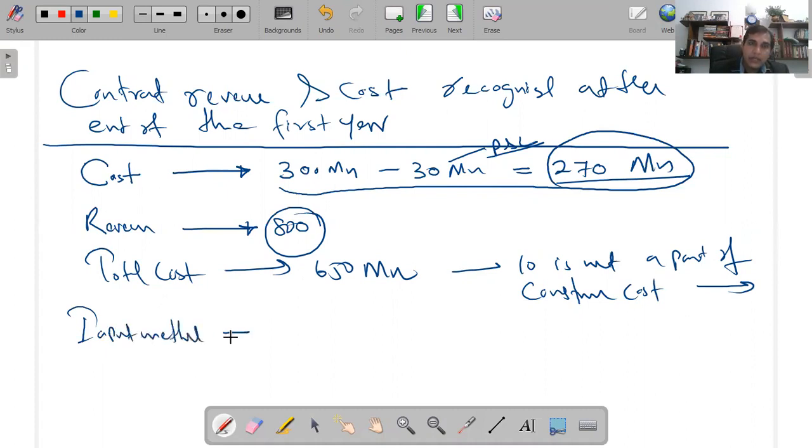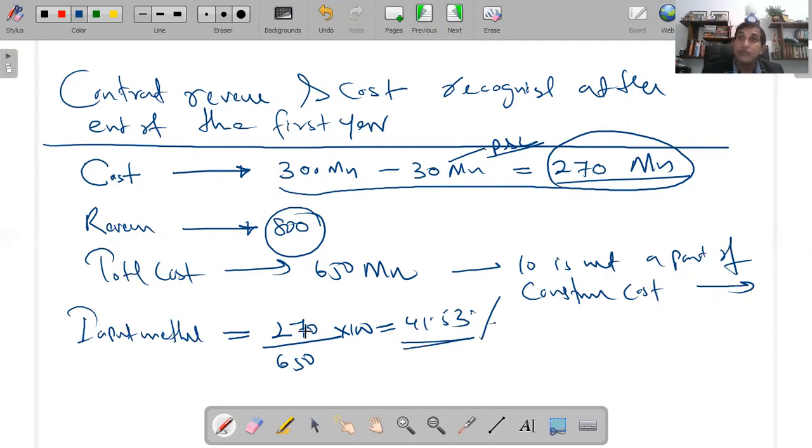They have completed 270 out of 650, multiplied by 100. 270 divided by 650 multiplied by 100 is 41.53%. So 41.53% completed based on this input method.